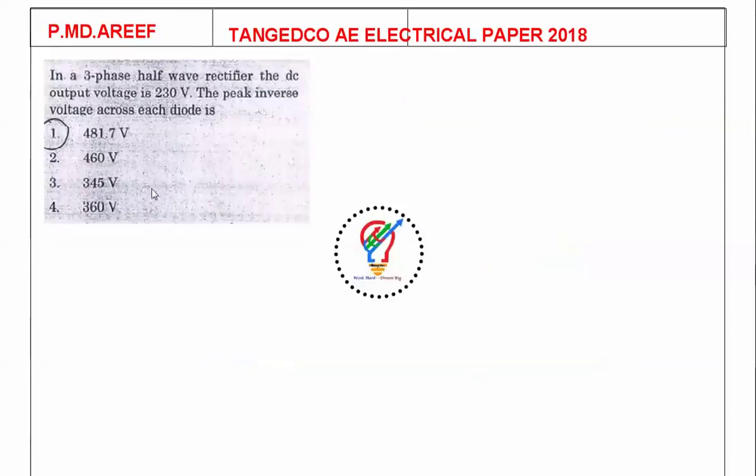Next question. The next question from the same power electronics subject is: a three-phase half-wave rectifier with a DC output voltage of 230 volts. The peak inverse voltage across each diode is? The peak inverse voltage is nothing but the DC voltage VDC into 2 pi divided by 3.